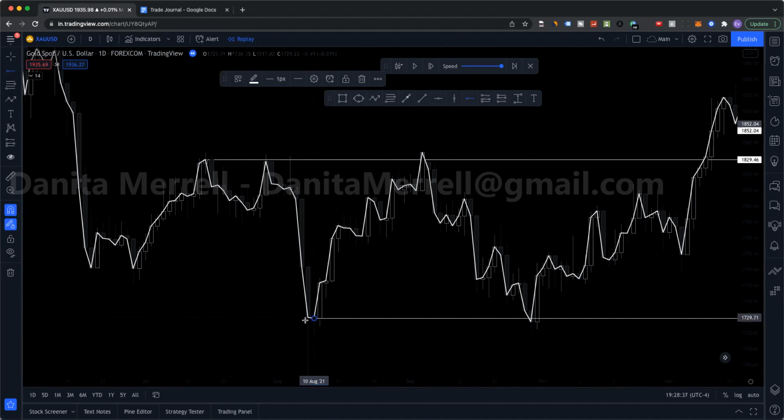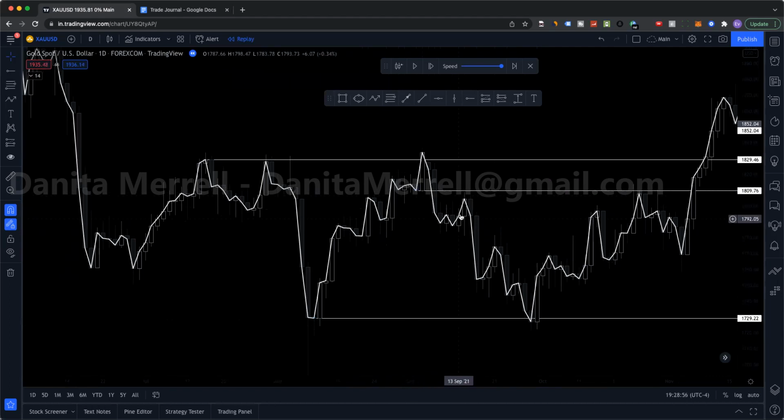Refine this level, H4, get your entry. Price didn't respect this QM, which we would have found out on a lower time frame. Price broke on daily. Depending on your broker, you may or may not have tapped.